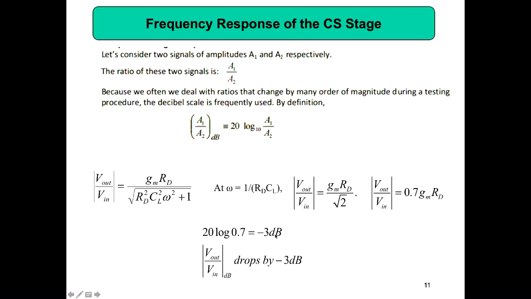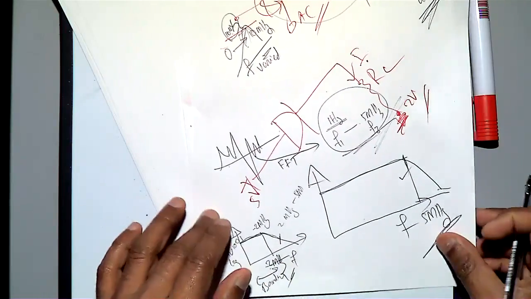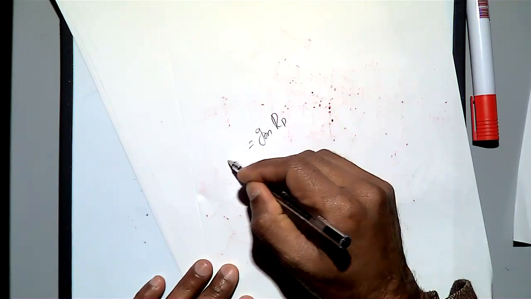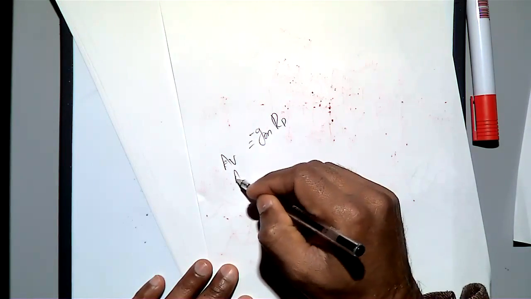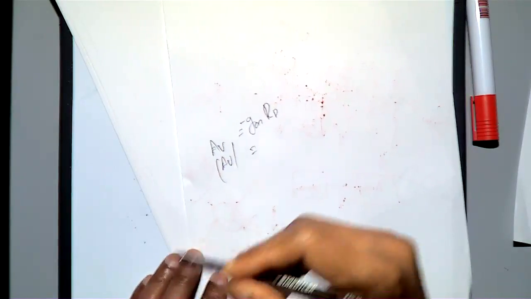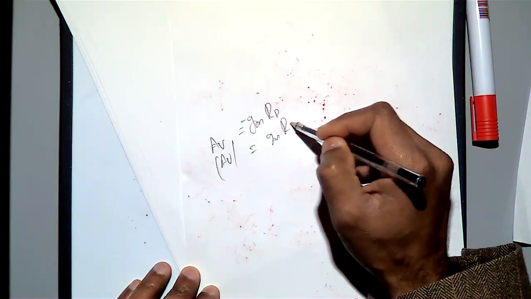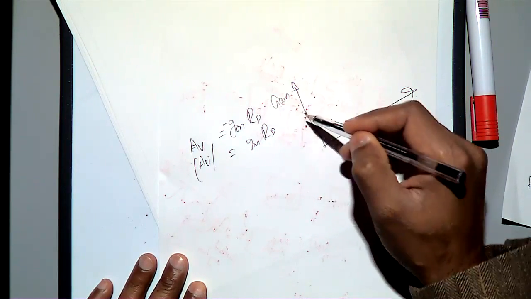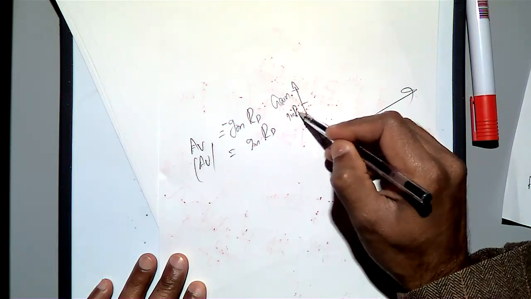What we have observed is that you have the low frequency gain equal to minus gm into RD. So that is your low frequency gain; the amplitude is gm into RD. This axis is frequency, this is gain.